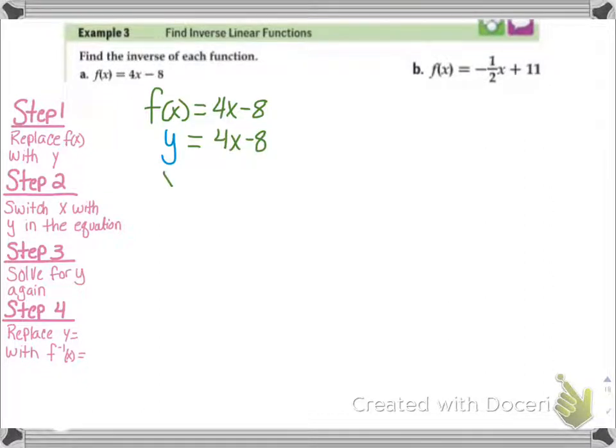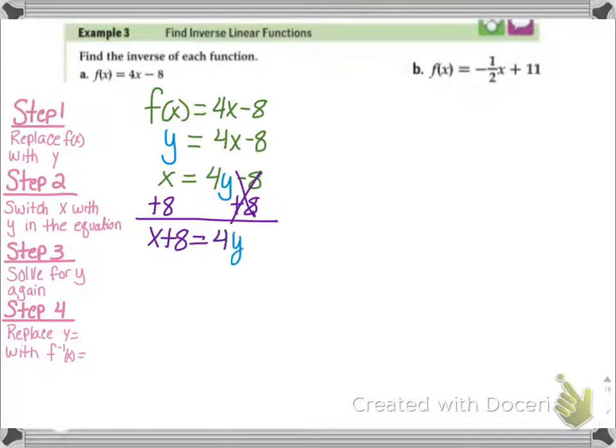Step 2 is we need to switch x with y in the equation. So I took x and I put it where y used to be, and I put y where x used to be. Then I need to solve for y again. So I add 8 to both sides in this equation, and I get x plus 8 is going to equal 4y. I still need to get y by itself, so I need to divide by 4 on both sides, leaving me with x over 4 plus 2 equals y.